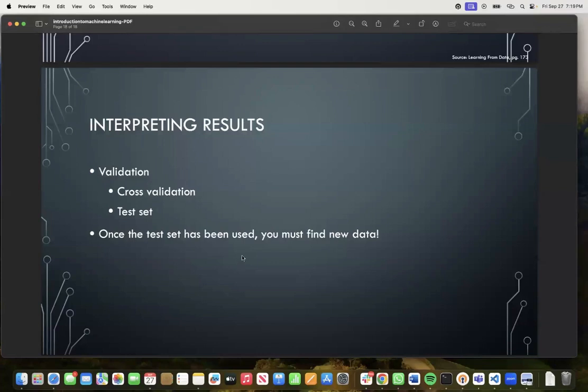The results of the model, like what you predicted, has to be explainable. Once the test set has been used, you must find new data, and then send the data to the model and see the results you are getting. And make sure that you understand the results you are getting very well. A good model is as good as your understanding of its output.